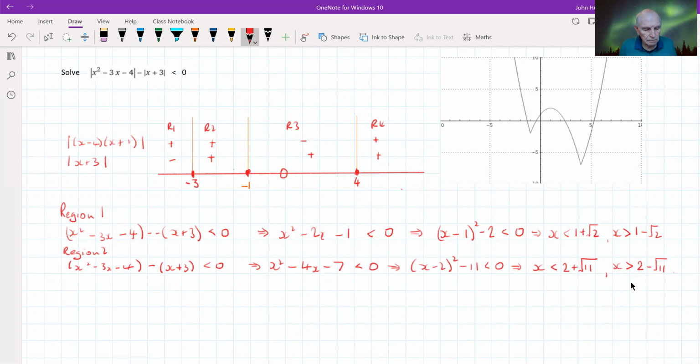Okay, so this first one falls outside our region, but this one is inside our region. 2 minus root 11 is about negative 1.3.